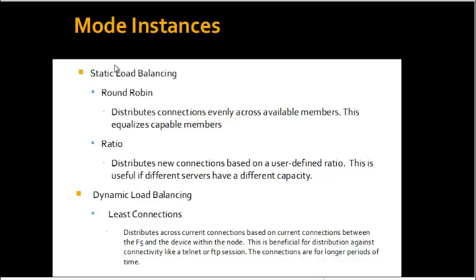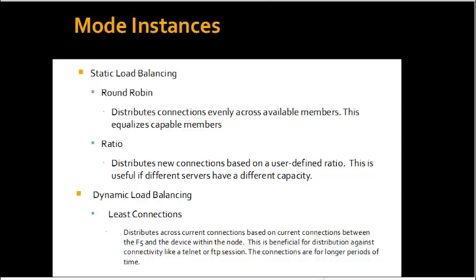So here we go to the load balancing methods, the types of load balancing that you can set up on your servers based on your design. Now this is all dependent upon your design. Sometimes depending upon your application, it may work differently. It may work better using one or the other. You may have a server that has more memory than another.